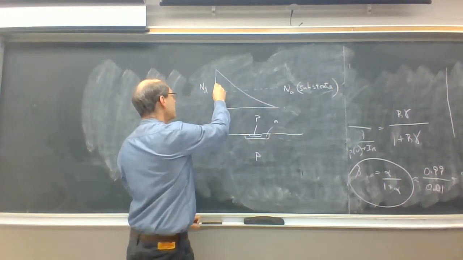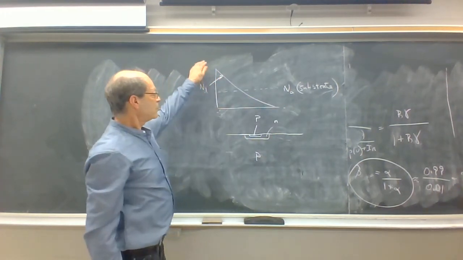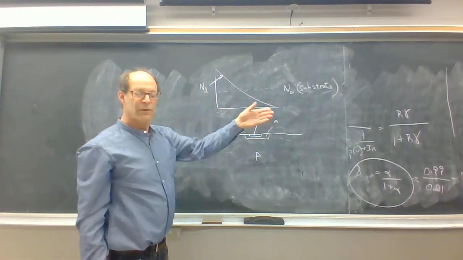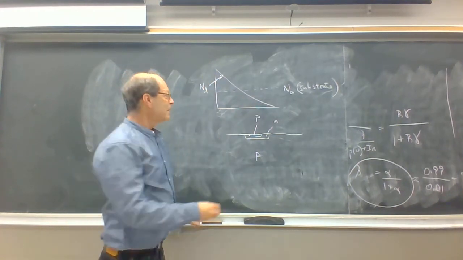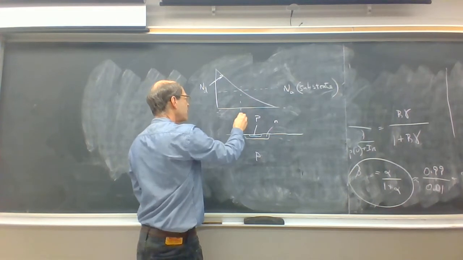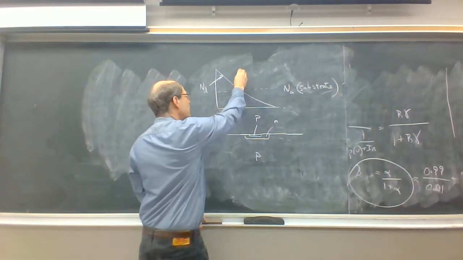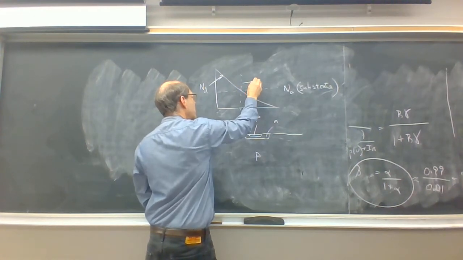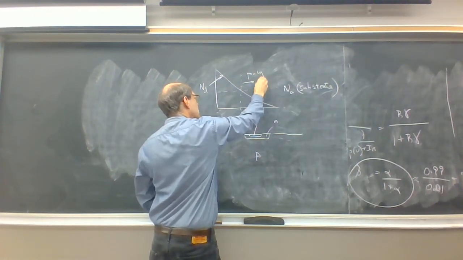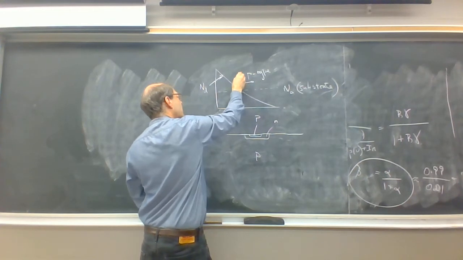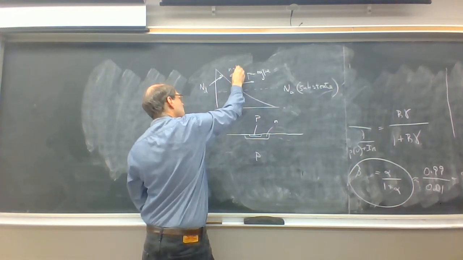So this is now Nd. The donor concentration falls off according to the doping profile, and at a certain point there's a crossover between donor and acceptor doping. So on this side of the line we would say it's p-type, and on this side of the line we'd say it's n-type.